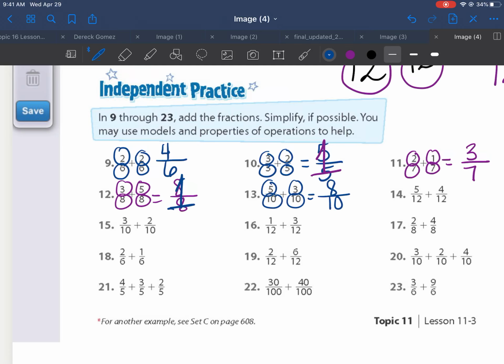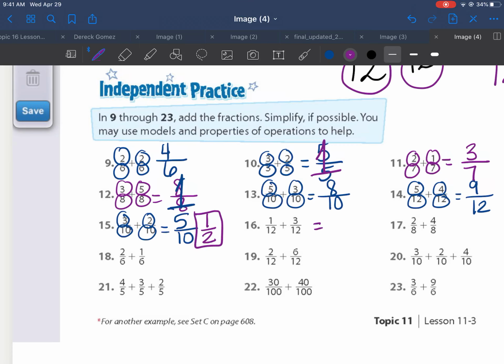Number 13, denominator stays the same. 5 plus 3, 8. 14, denominator stays the same. 5 plus 4, 9. 15, denominator stays the same. 3 plus 2, 5. Remember, 5 es la mitad de 10, so that makes 1/2.